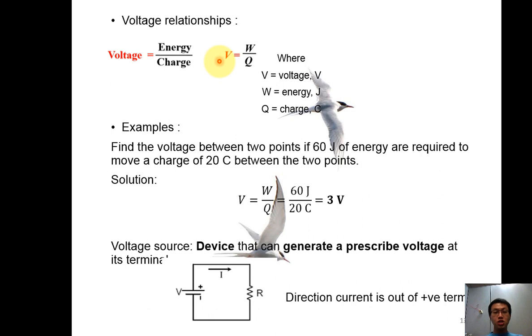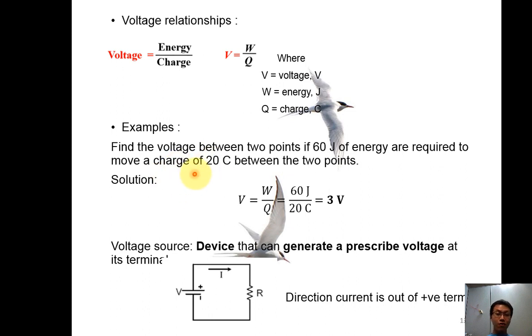So voltage relates to energy and charge: voltage equals energy divided by charge, or V equals W divided by Q, where V is voltage in volt, W is energy in joule, Q is charge in coulomb.